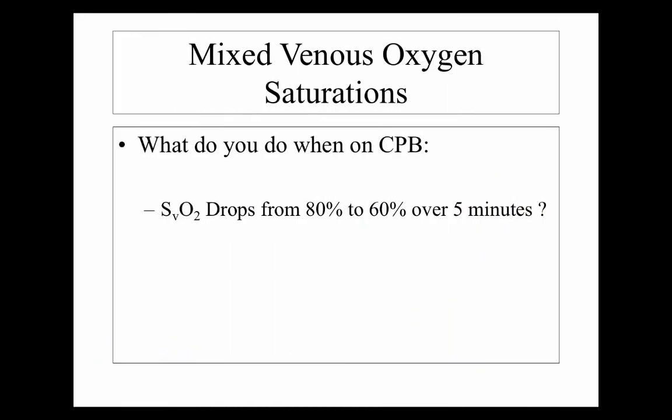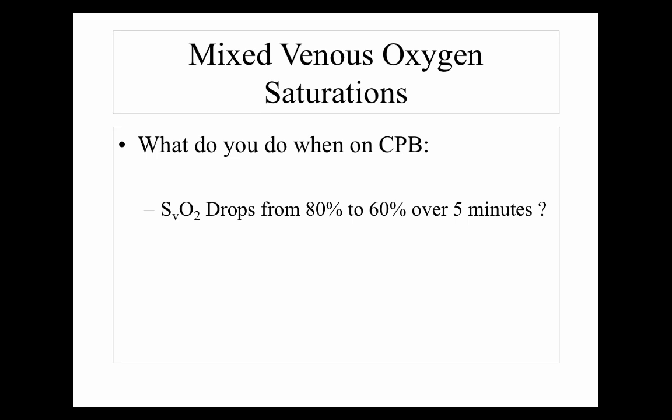Here's the final question I'd like you to think about: what do you do when on bypass the SVO2 drops from 80% saturated to 60% over 5 minutes? So you're sitting up around bypass and you're seeing your SVO2 drop from 80 to 75 to 70 to 65 to 60.